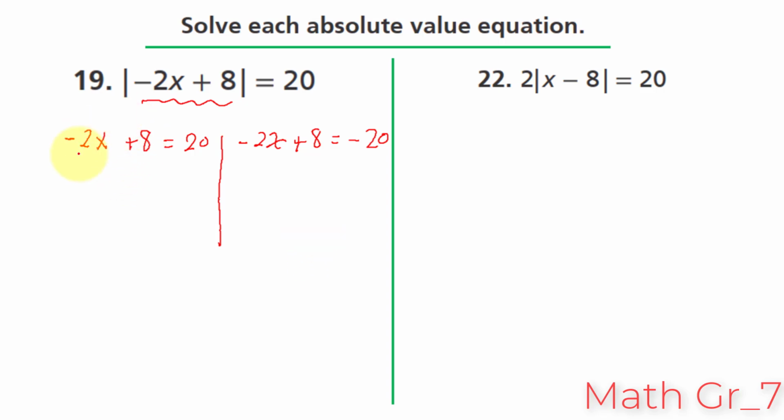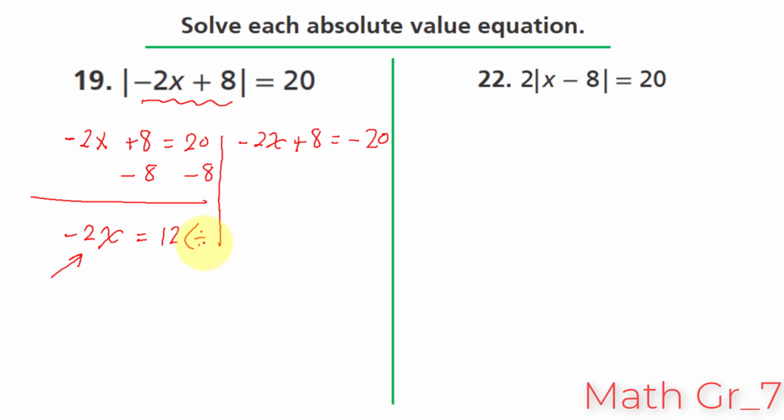Now, to solve the two equations we studied, minus 8 on both sides. Now, negative 2x is equal to 20 minus 8, which equals 12. How can we find the value of x? Look at the coefficient of x, which is negative 2.